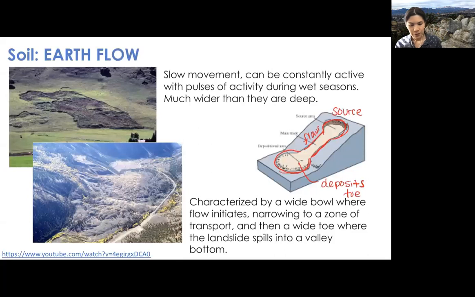Earth flows are usually driven by rainwater, and so they're more common during wet seasons and in areas that have a fair amount of soil water. But they are relatively slow movements. They can be long lasting.